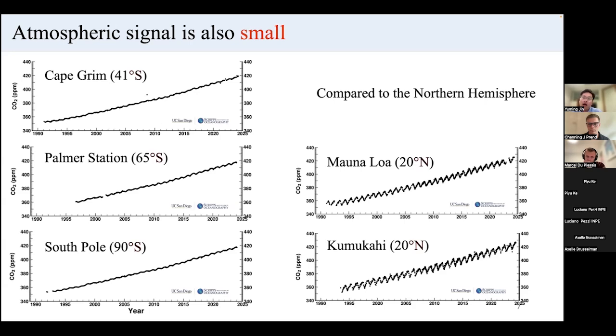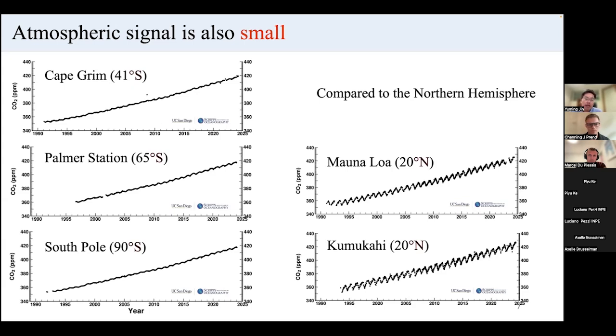The land signal on a seasonal timescale is way larger than the ocean signal, and the northern hemisphere land signal goes into the high southern latitudes through large-scale tracer transport in the free troposphere, which further complicates interpreting the observed seasonal cycle in the southern hemisphere to explain what's happening in the ocean on a seasonal timescale.